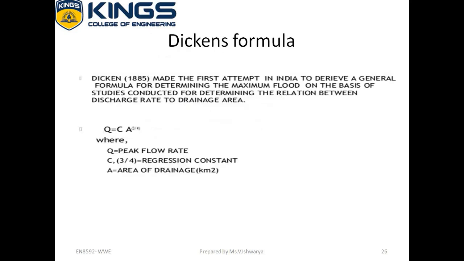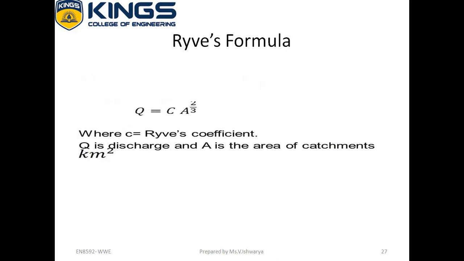So next one is the Dickens formula. Dickens formula means Q = C × A^(3/4). Q is the peak flow rate, C is a constant and A is the area. And Rives formula is similar to Dickens formula, but Q = C × A^(2/3).